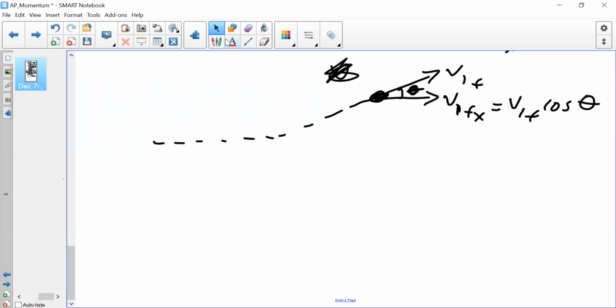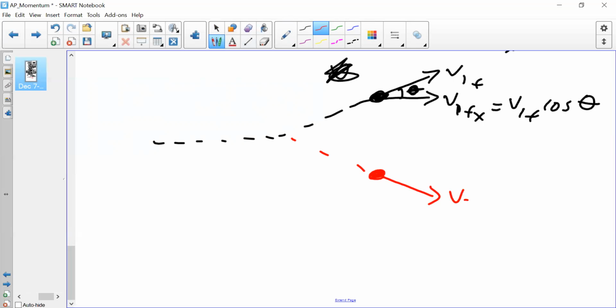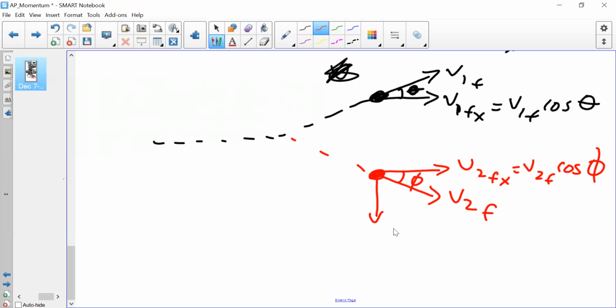And then I'll come back up top. So V2 goes off at a different angle, and this is angle phi to indicate that it's different than the angle above.